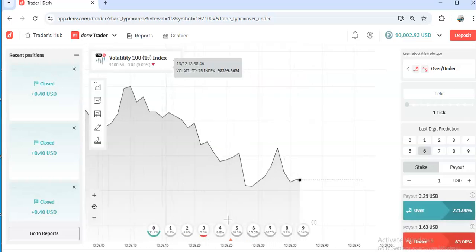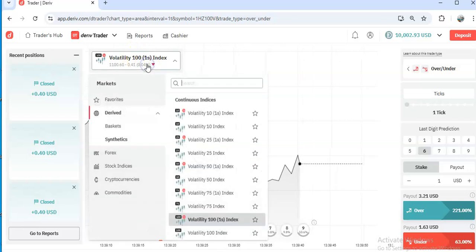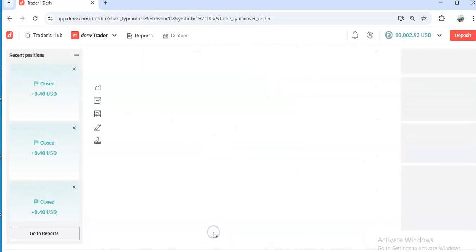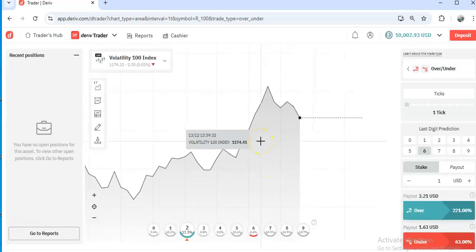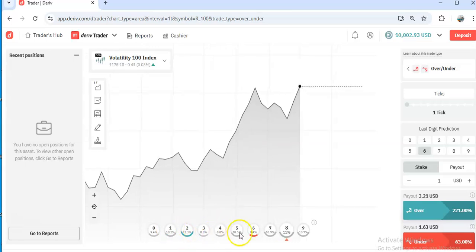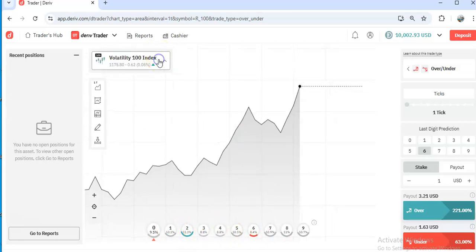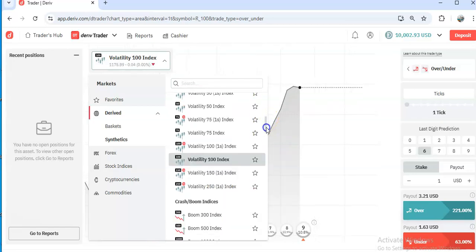That's why I advise you to learn more strategies. 4 has 8.9, so I'm going to ignore that and look for another percentage. Even this market is not good for ADA 5.